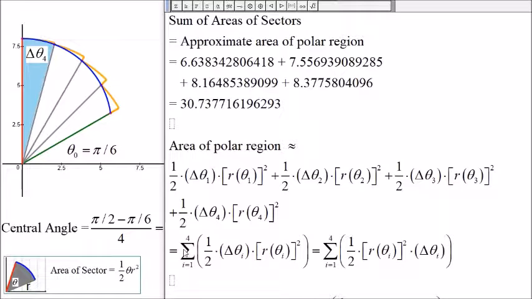Using summation notation, we would have i going from 1 to 4 for the 4 sectors, and then 1/2 times the ith central angle times the ith radius squared of the ith sector. And then just rewriting it a little bit, we move the delta theta to the end.